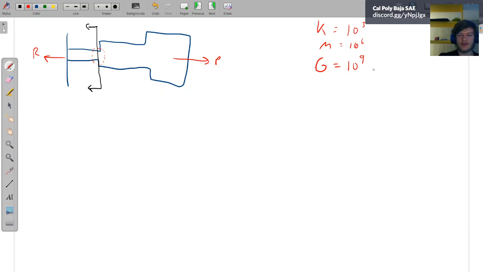Giga is 10 to the 9th, or a billion. So if you have a flash drive that's 32 gigabytes, that's 32 billion bytes. Or what is that? 32 times 8. So it's 256 billion bits.